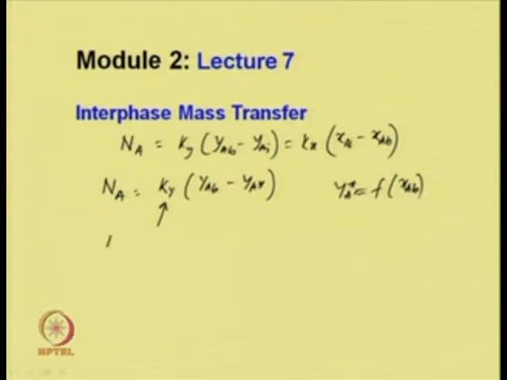Similarly, we can use N_A equal to capital K_x (x_A star minus x_Ab). x_A star is the equilibrium concentration with y_Ab.